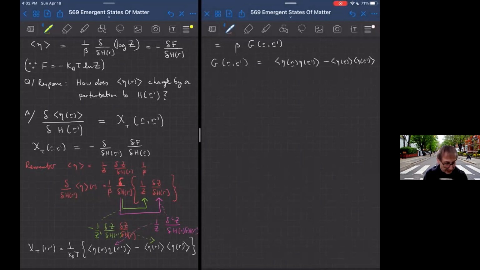And in particular, what we've just proved is that the response function chi t of r and r prime is just equal to beta times the correlation function. This is the response to an external field, and this is the order parameter correlation.